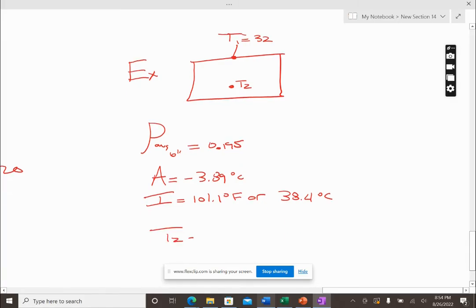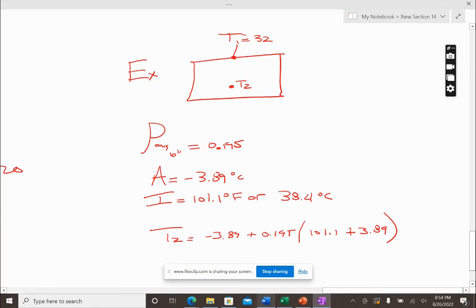So T2 is equal to negative 3.89 plus 0.195 times 101.1 plus 3.89, because the double negative is positive. So what we do here is calculator.